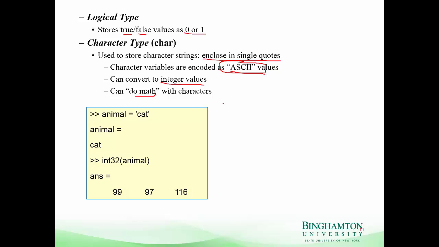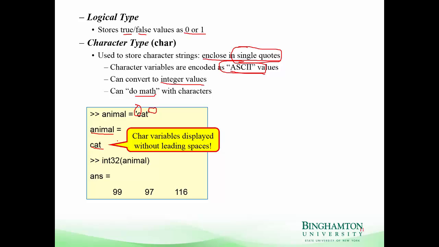Here's an example. As I said, to store a character string, we put it inside single quotes. There are single quotes around a character string of cat, and it echoes back because I didn't put a semicolon at the end. So it echoes back that the variable animal holds the character string cat. Notice how when it echoes it back, the character type variable is displayed flush.